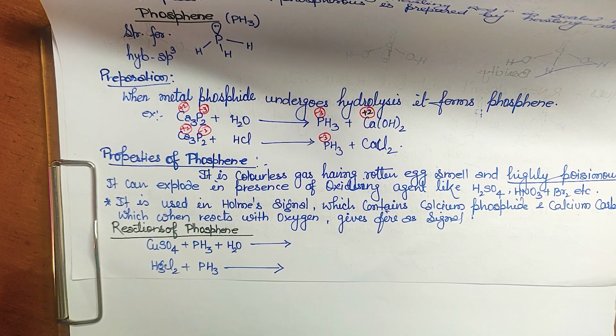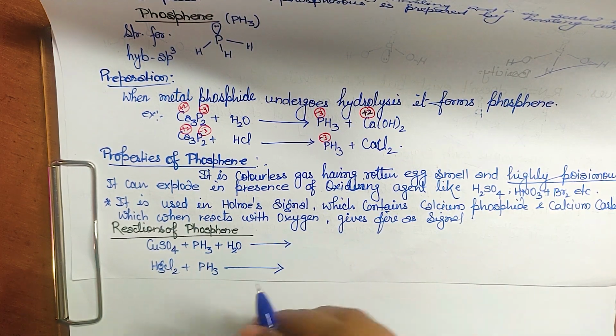So when we throw this in the air, it releases phosphorus, and that reacts with the oxygen and gives P4O6, and that is P4O10, which gives the white dense fume. And before that it catches fire also to give this fume. Okay, so that works as a signal.